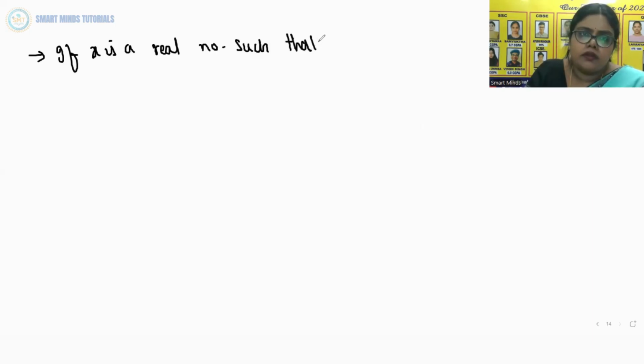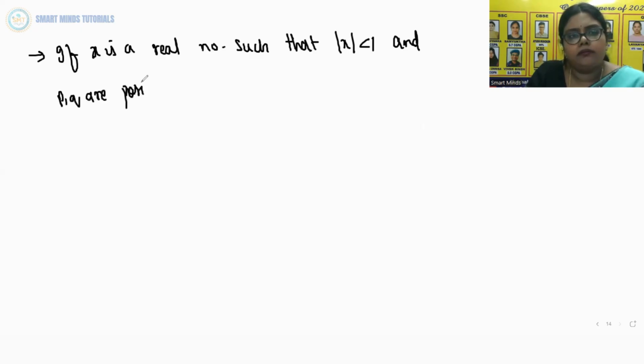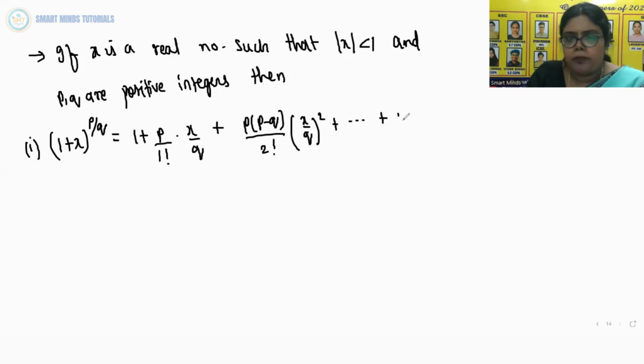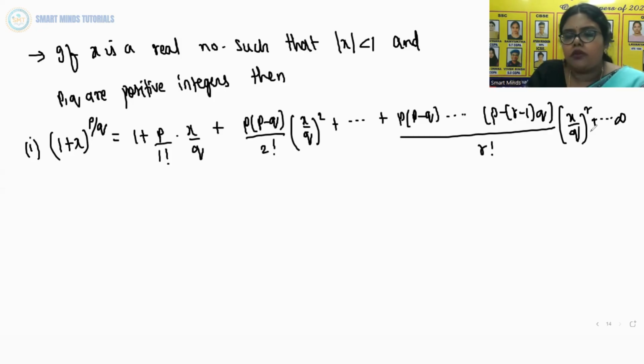Now take another set of formulae. If x is a real number such that |x| < 1 and p, q are positive integers, then number 1: (1 + x)^(p/q) is equal to 1 + (p/1!)(x/q) + (p(p-q)/2!)(x/q)^2 + so on up to p(p-q)...(p-(r-1)q)/r! (x/q)^r + so on up to infinity.